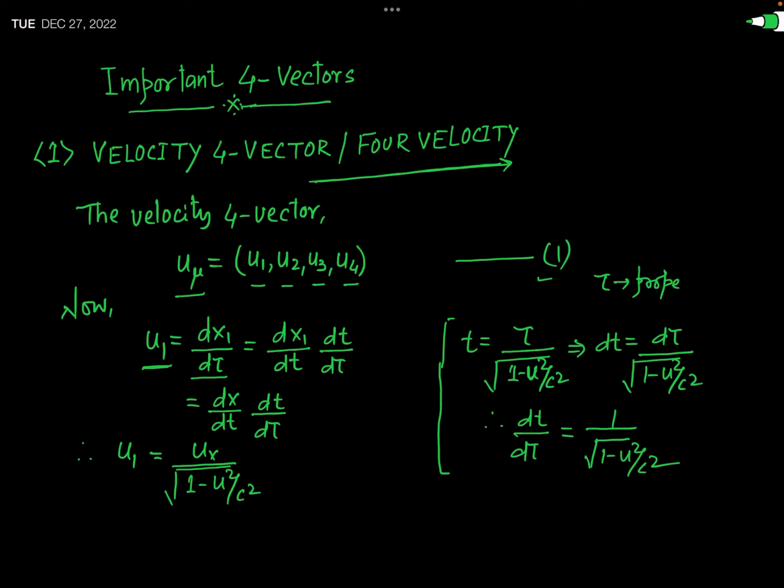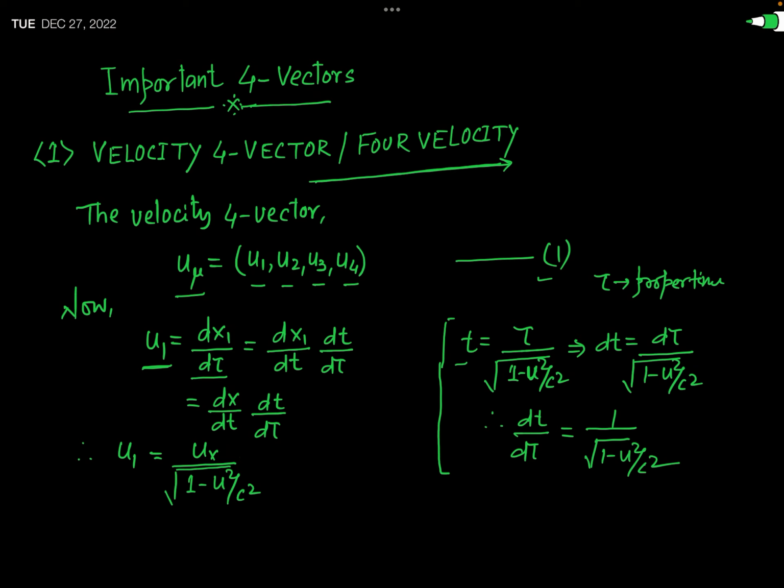You have learnt about the proper time and the dilated time in the previous lectures when we discussed in very detail the time dilation formula in special relativity. And you know, according to that time dilation formula, the dilated time t is equal to tau over square root of 1 minus u square over c square.